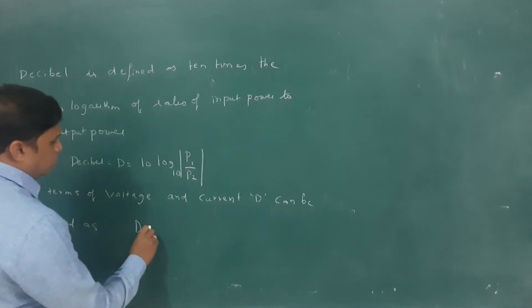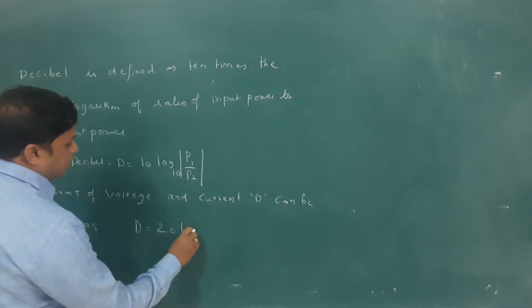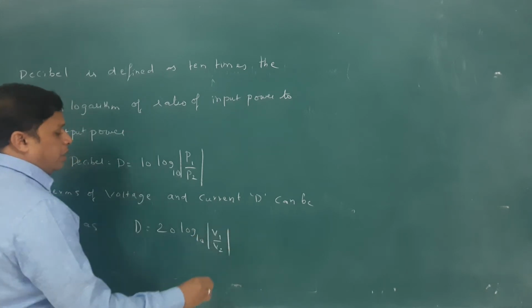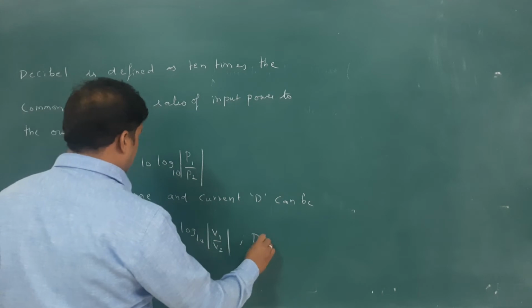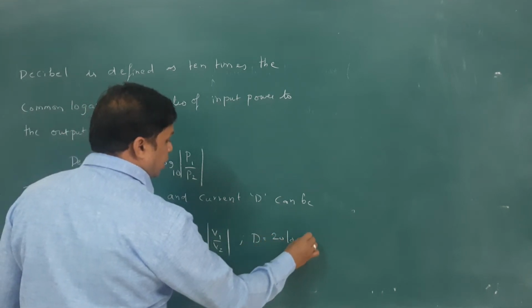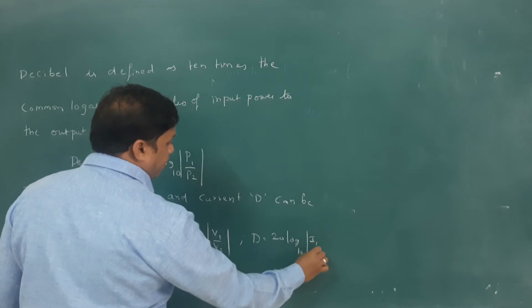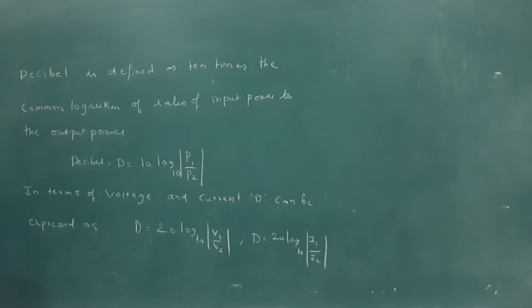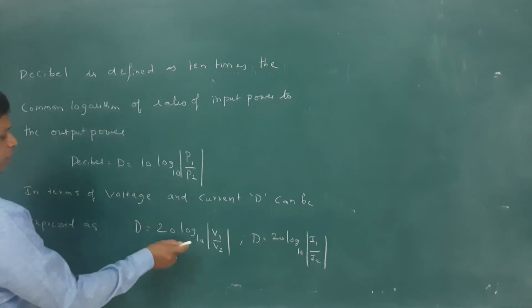D equals 20 log base 10 V1 by V2, and the same thing, D equals 20 log base 10 I1 by I2 ratio. These are the decibels you are measuring in terms of power, in terms of voltage, in terms of current.